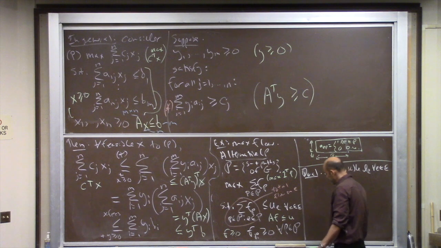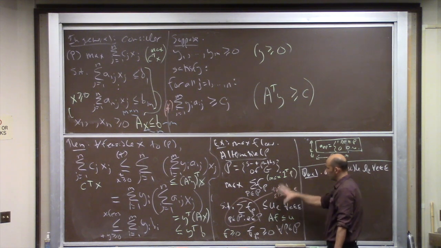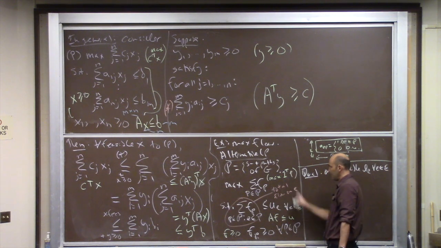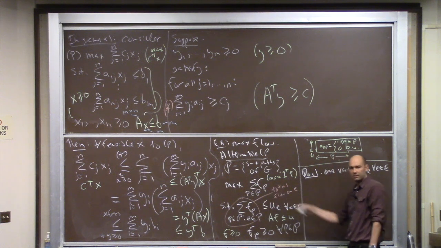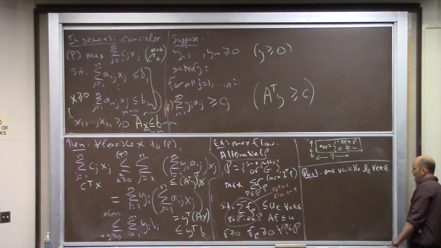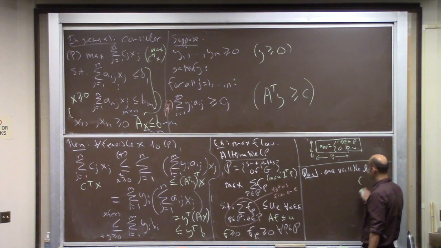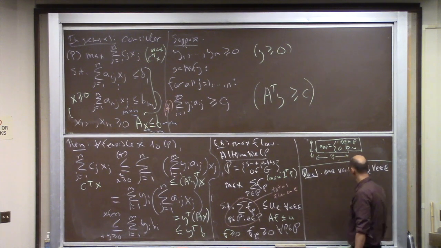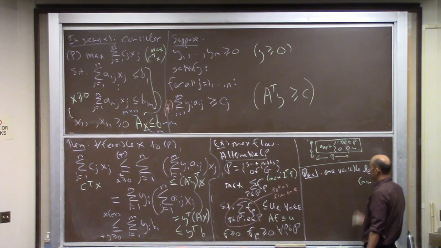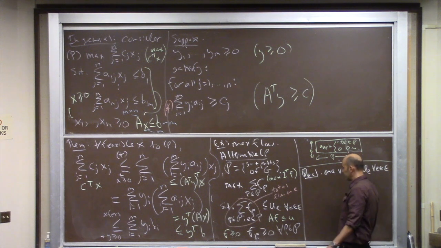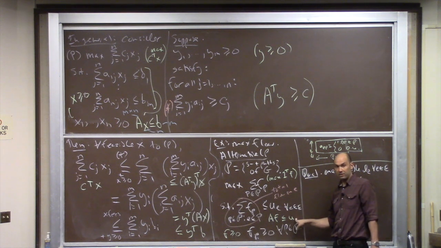And again, I think the easiest thing to do here is to actually take the dual using the matrix notation and then unpack what it means in terms of more primitive objects. So we have a max over here that becomes a min. The new objective function is the old right-hand side.